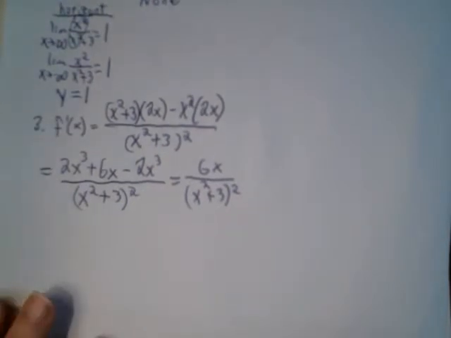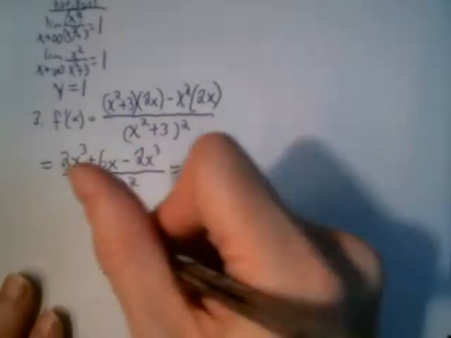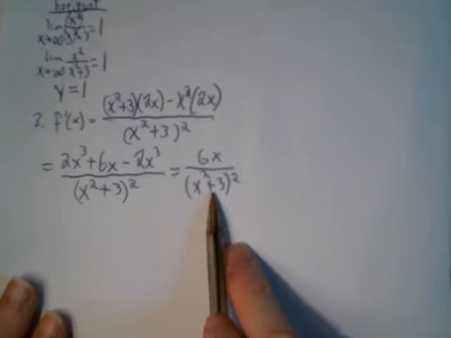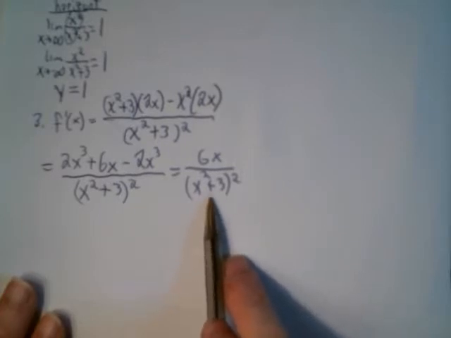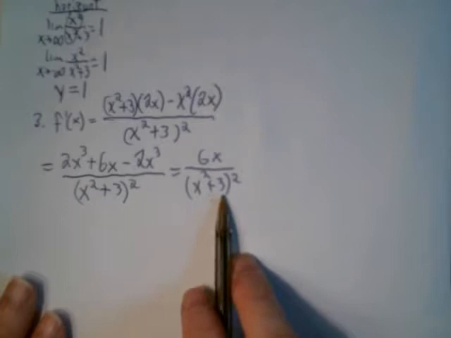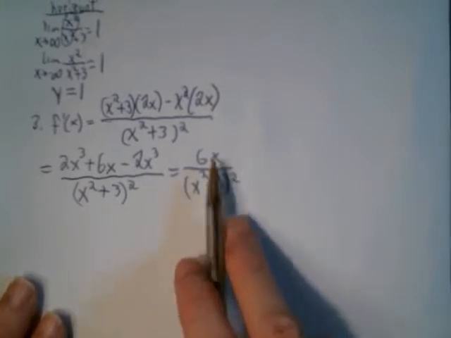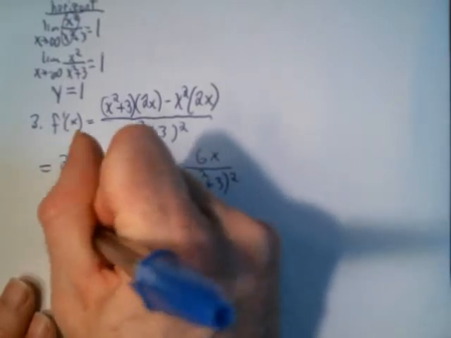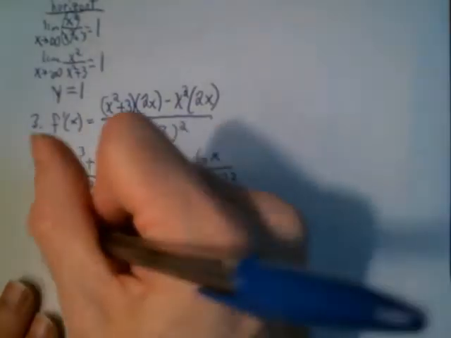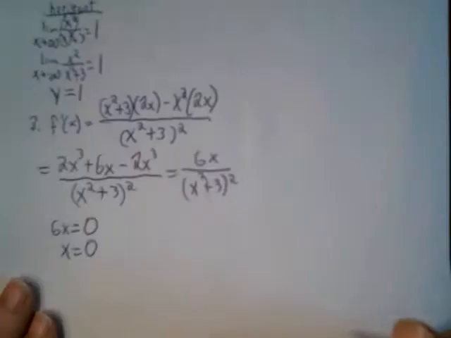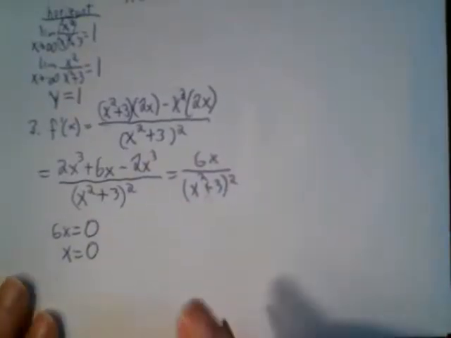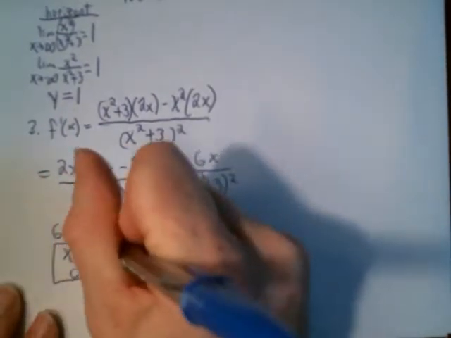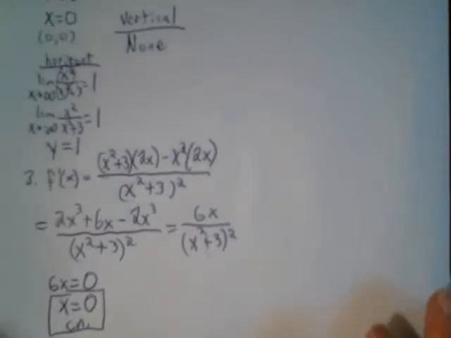Okay, I need critical numbers, and first off, we have to worry about the undefined places. There won't be any places where the derivative is undefined because the denominator will never be 0. We only have to worry about where the numerator will be 0. So I take the numerator and set it equal to 0, and you get x is 0 as our critical number. Okay, so the first derivative is done.